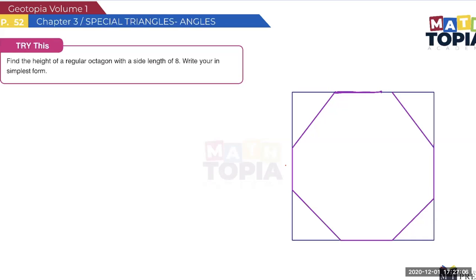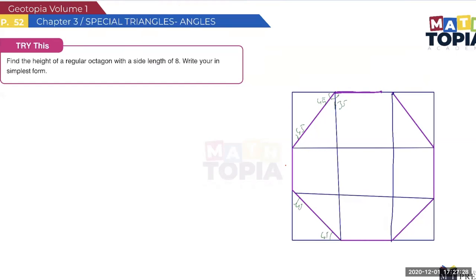Of course, 135. This is 45. So everything is 45, right? Then connect everything here, it will make your job easier. Okay, great. Do you see that one side is 8?